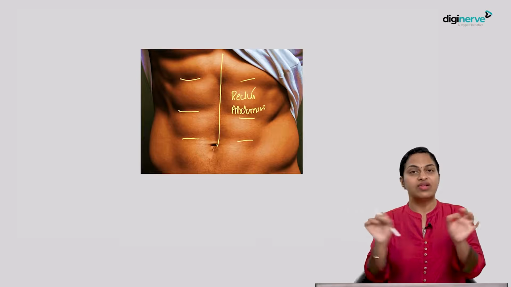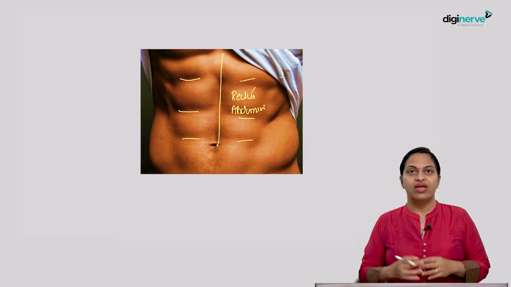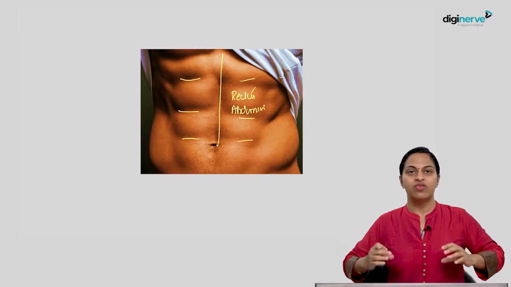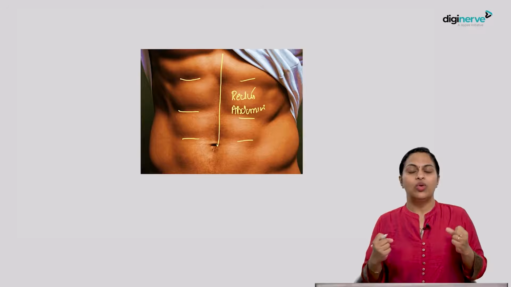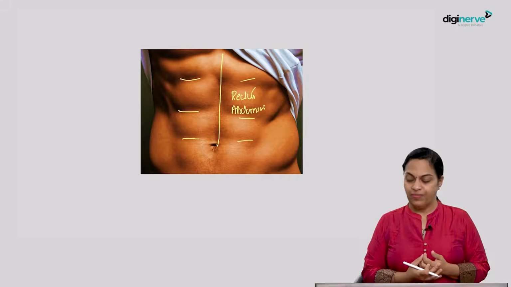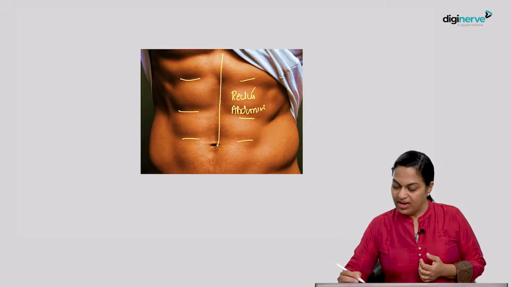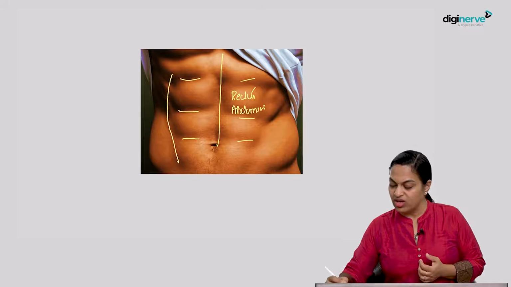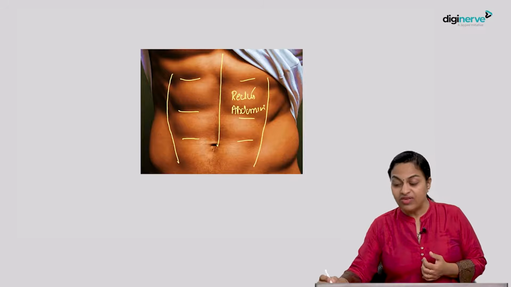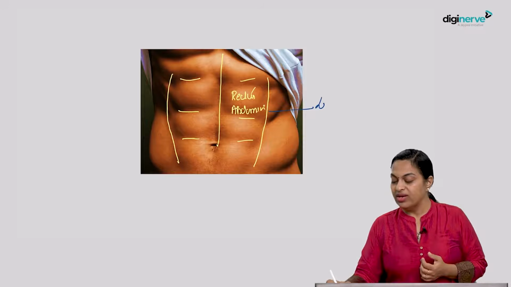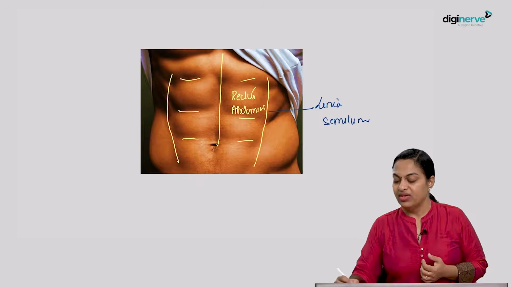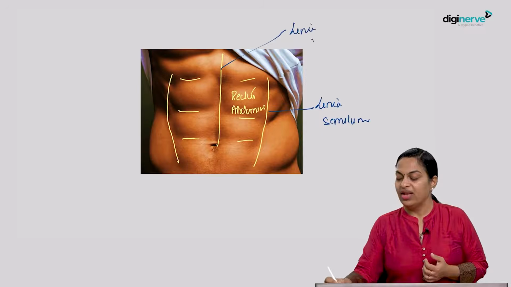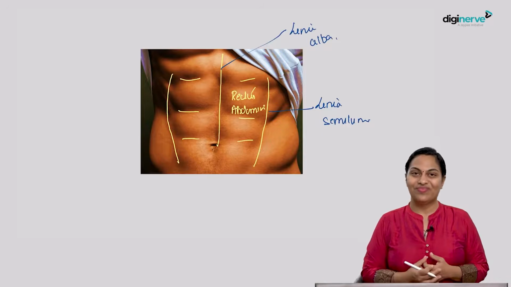The presence of these tendinous intersections divides the rectus abdominis muscle into smaller segments to increase the power of that muscle. Okay? And the lateral border of the rectus sheath that you see here is given another name. It's called the linea semilunaris. And this is the linea alba in the midline.